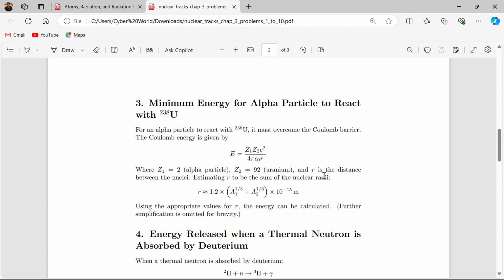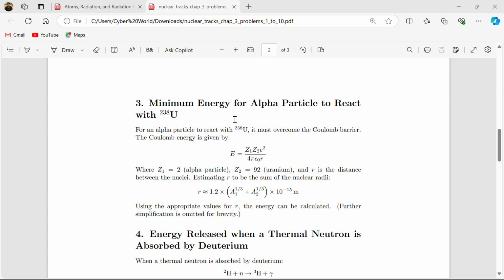The radius r is approximately 1.2 femtometer, which is 10 raised to minus 15 meters. The original formula is r equals r naught A to the power 1 by 3 femtometer, where r naught is 1.2.